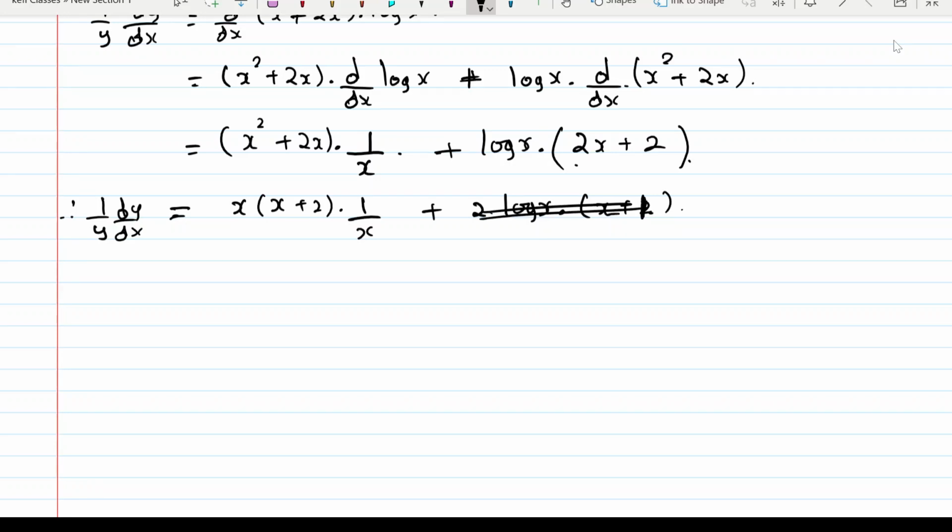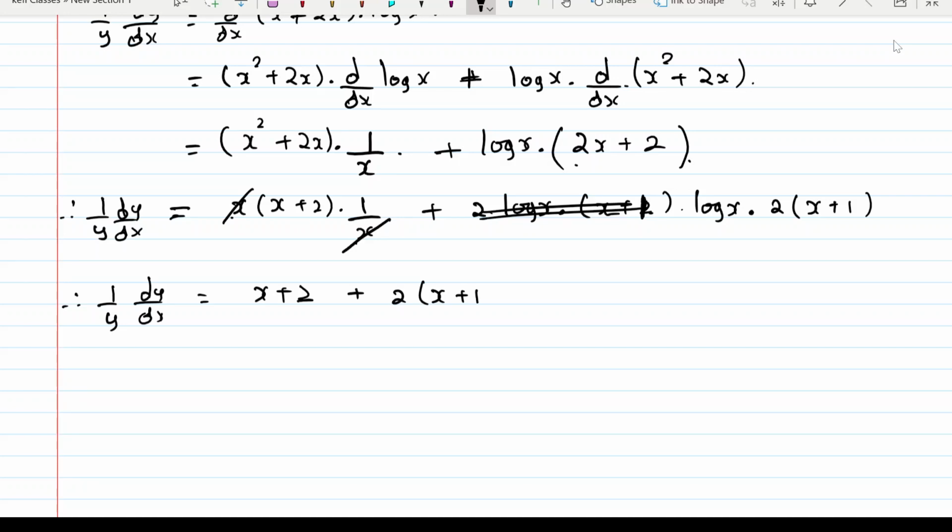Instead of writing it like this, I'll write it as log x into 2 into x plus 1. So this x and this x cancel. Therefore 1 upon y dy by dx is equal to x plus 2 plus 2 into x plus 1 into log x. I have written the same terms, nothing has been changed, it's just that the order has been changed here and there.